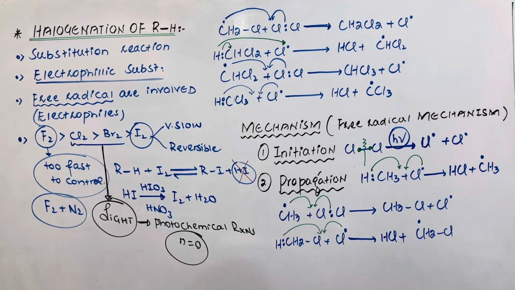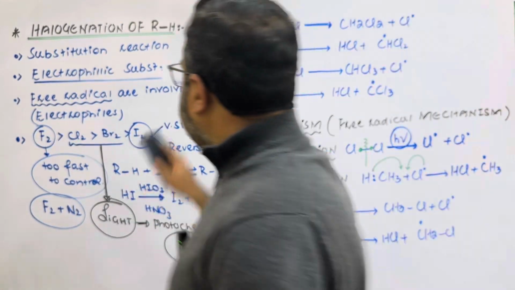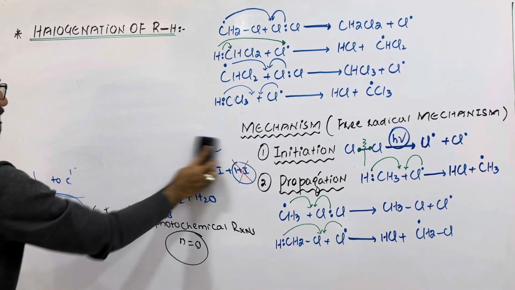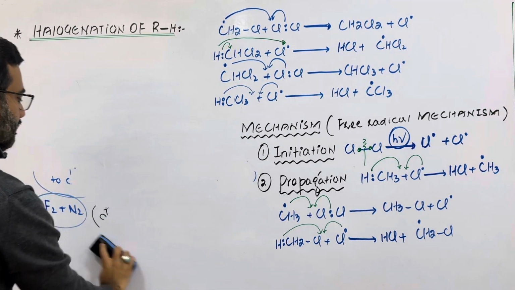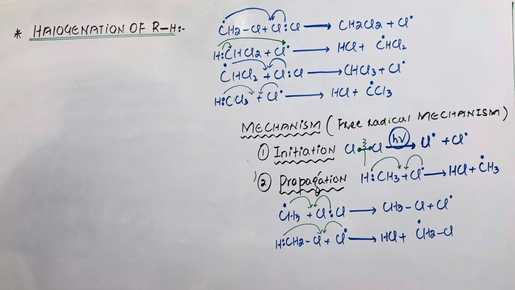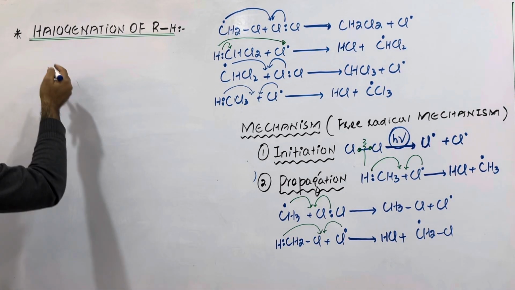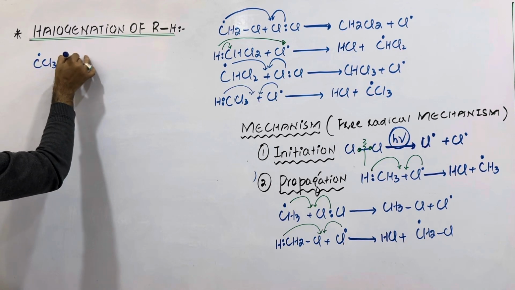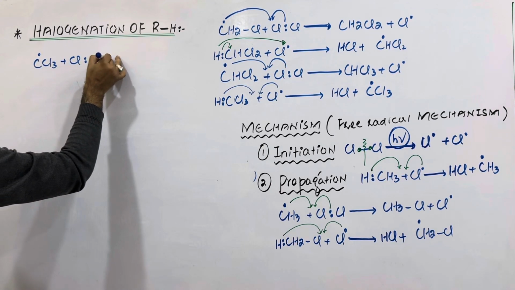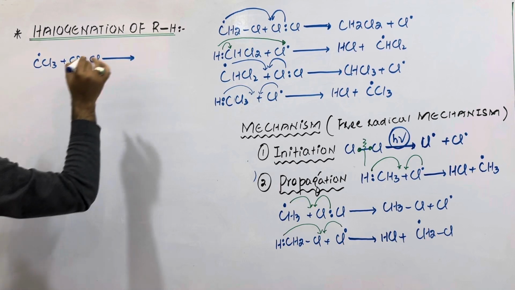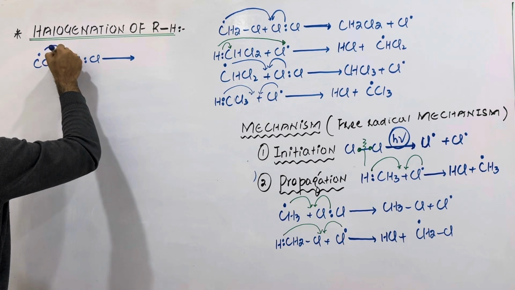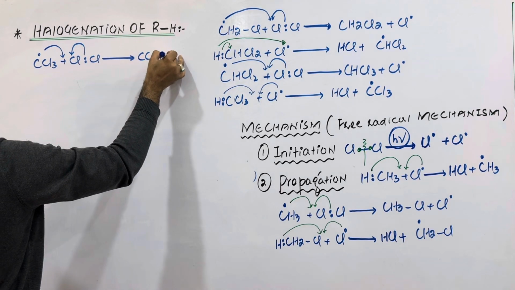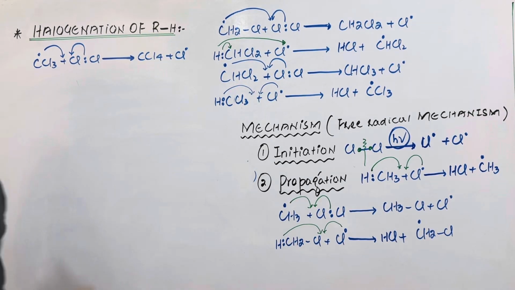Now, my dear students, in the last step, CCl3 free radical will react with a chlorine molecule and again you will get CCl4 and a chlorine free radical.